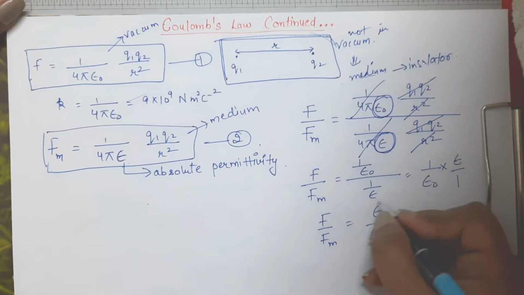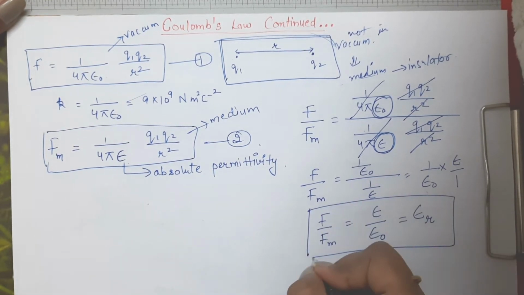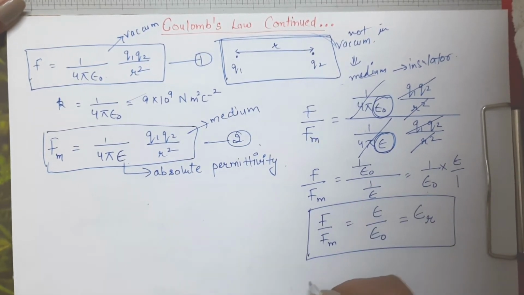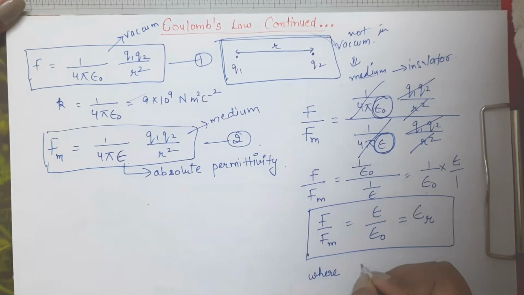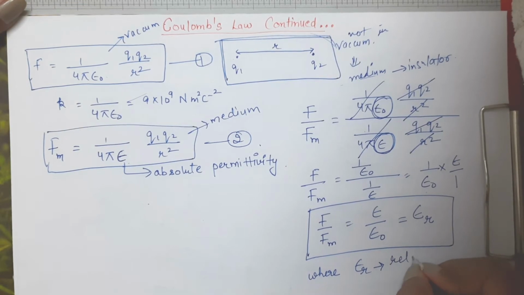Now this value, epsilon by epsilon naught, we are going to designate as epsilon r, where epsilon r is the relative permittivity. This is very important.